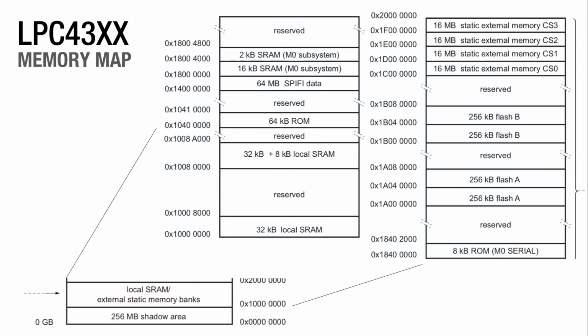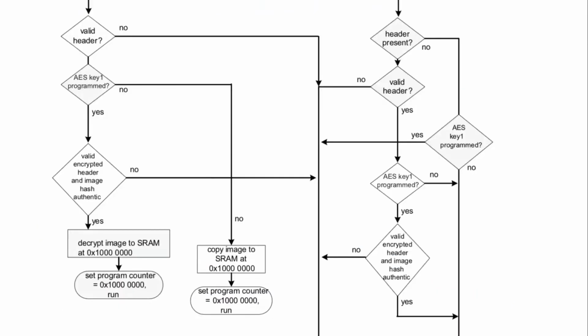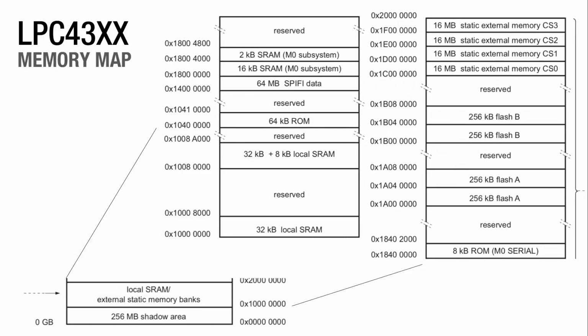Also, if you look at the secure mode parts, one of the things they do inside this bootloader is read encrypted images from things like flash chips, decrypt them, and stick them in SRAM immediately following the shadow area from which it's running. So if we can read out from the shadow area, we can continue reading, doing that DMA trick to continue reading into SRAM and pull out that now decrypted firmware from secure parts.